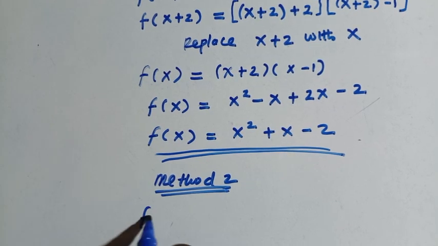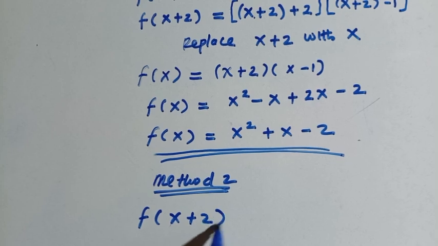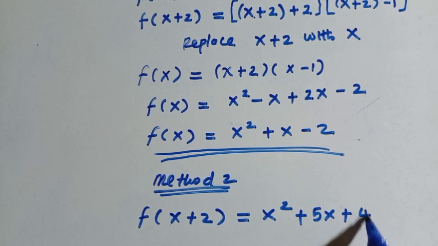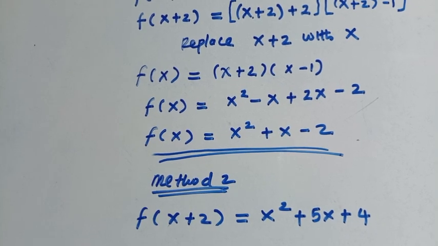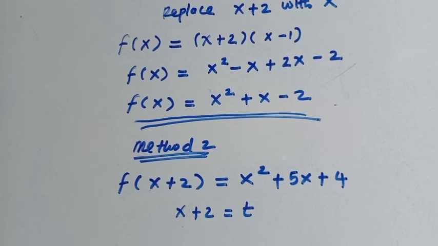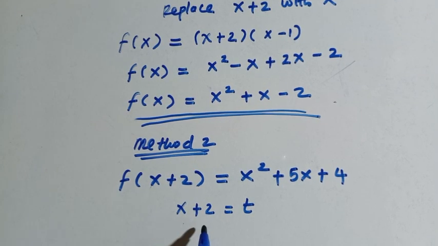Given that f(x + 2) equals x squared plus 5x plus 4, when we apply the substitution method, it means we are going to let x plus 2 equal t. So we have to make x the subject of the formula. By making x the subject, we take 2 to this side and x equals t minus 2.